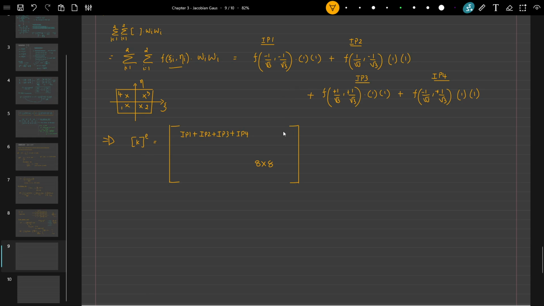What I am trying to say here is that the stiffness matrix basically comes from all the integration points. In other words, the stiffness matrix can be calculated at each integration point. Then to get the element stiffness matrix, we can sum all the components.